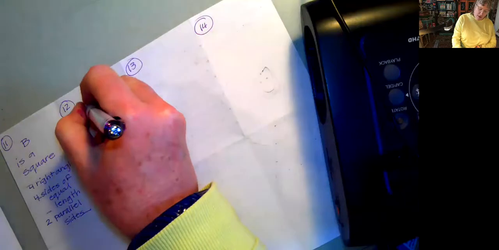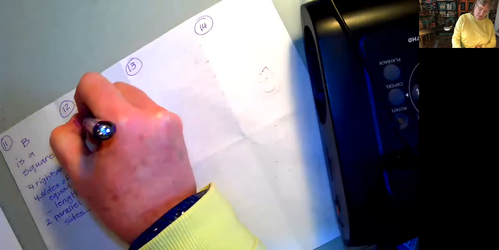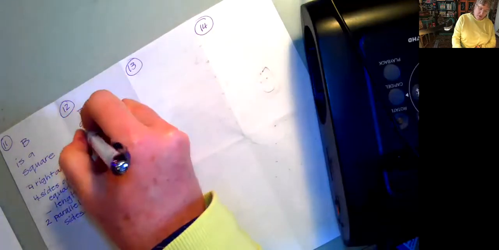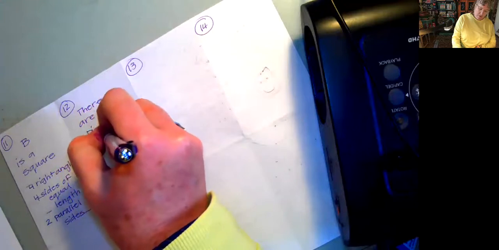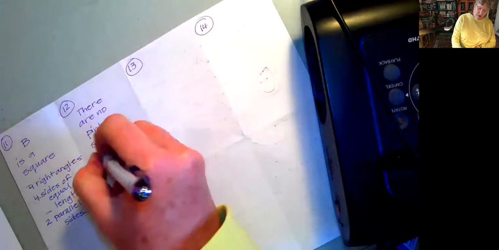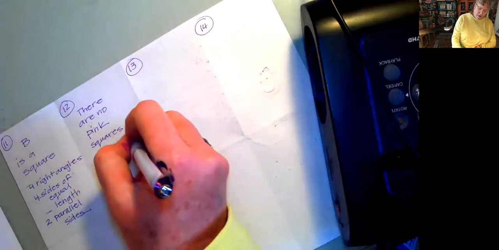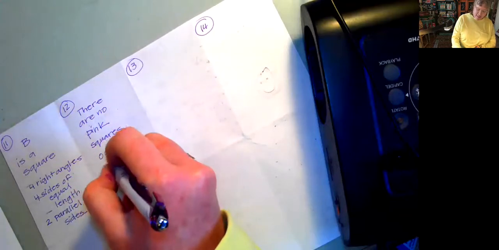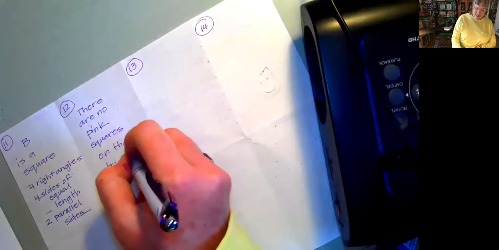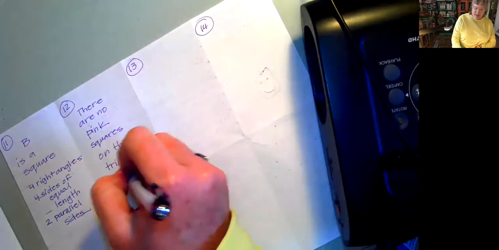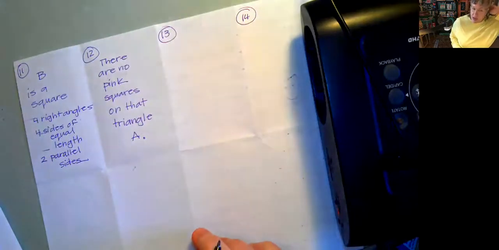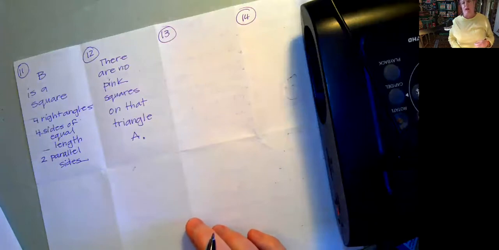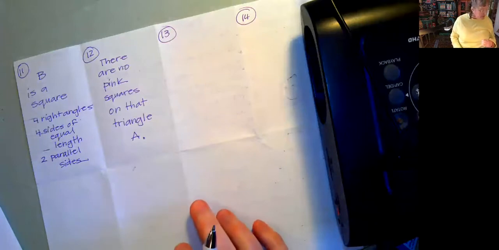There are no pink squares on that triangle. You would have one pink square on that triangle if it were a right triangle.